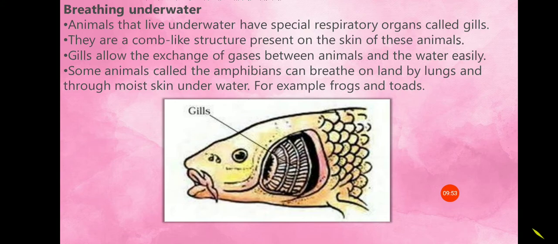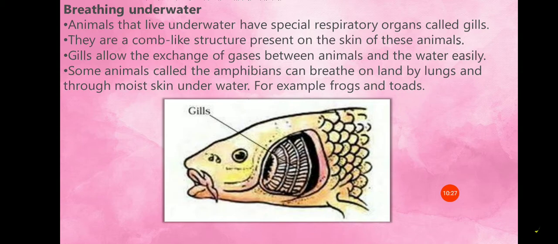Now, breathing underwater means breathing in fish. Fish have special organs called gills, which help them to breathe in oxygen dissolved in water. Gills are present on either side of the head. See, it is shown in the picture, right? Gills are well supplied with blood vessels. Fish gulps in water to take in dissolved oxygen through the mouth.